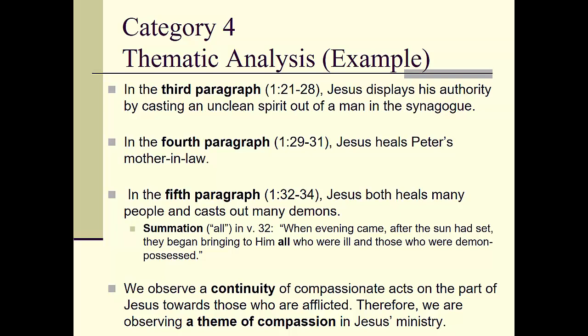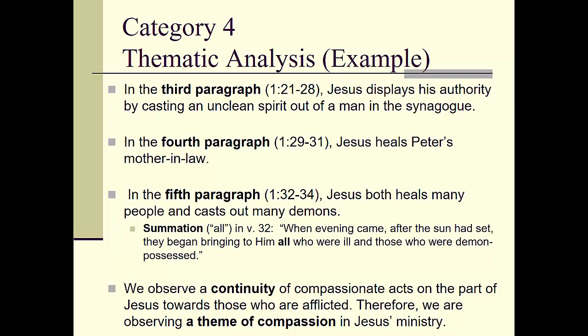There had already been Jesus healing and helping people become free from demon possession. That had already happened in the 3rd paragraph. We have healing in the 4th paragraph. Now when Mark comes back to these topics, he intensifies it by injecting this word all.